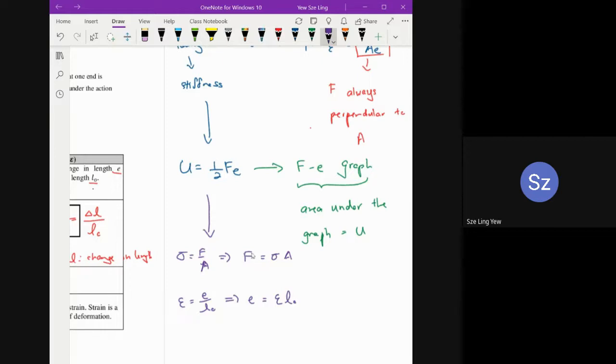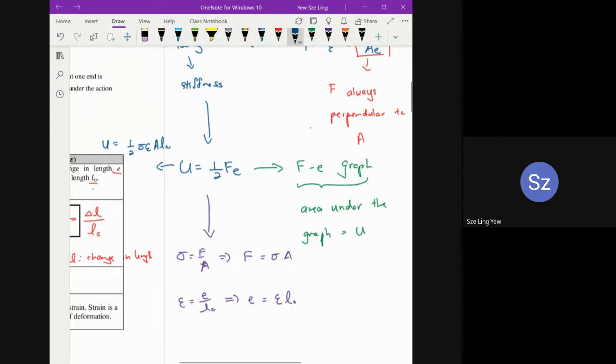So if you substitute these two equations into the equation for energy, eventually we will obtain a new equation: U equals 1 over 2 epsilon sigma times A L naught.